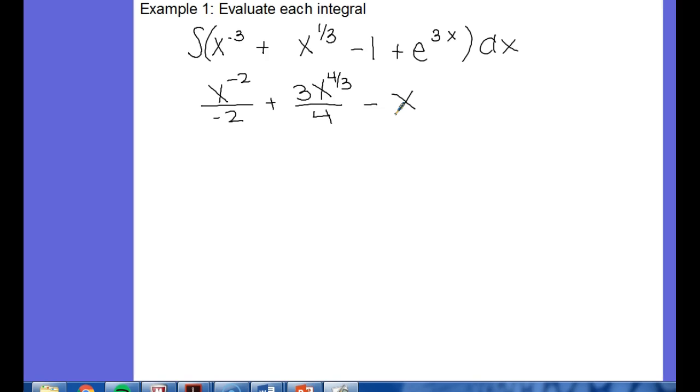Okay, and then this is e to the u, right? So again, if you think about the fact your u would be 3x, your du would be 3dx, what do we have to account for when we take that antiderivative? The e to the 3x simply just needs a divide by 3.